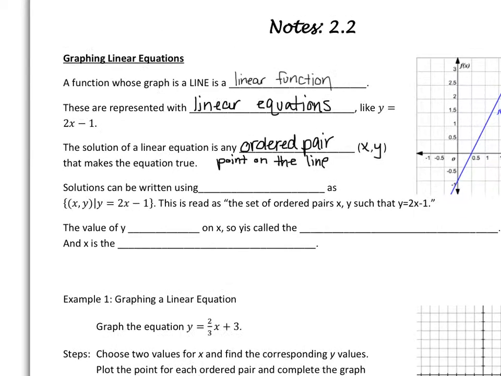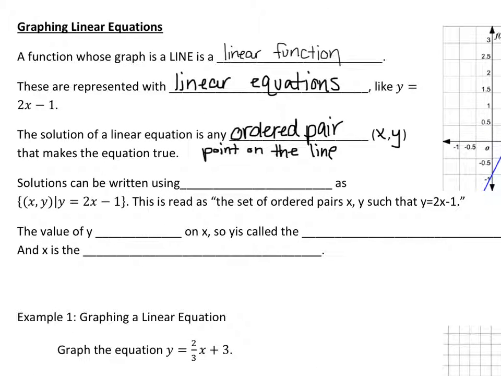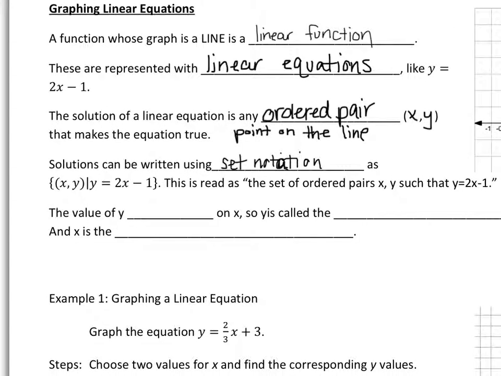Solutions can be written using set notation. Set notation, we don't really use it a whole lot in this class, but I want you to at least have seen it in your life, because you will see it in your book or in other math classes you take. So it looks like this.